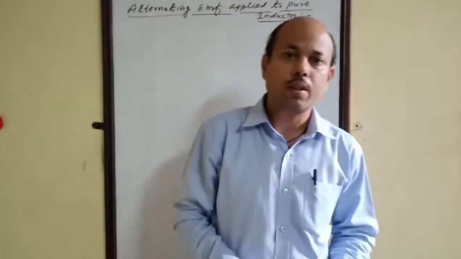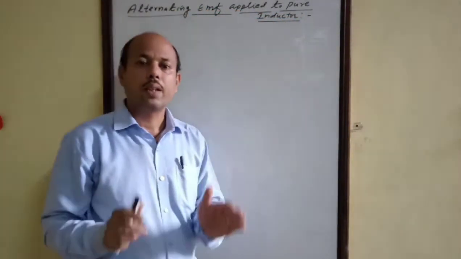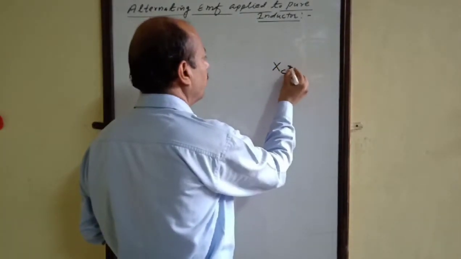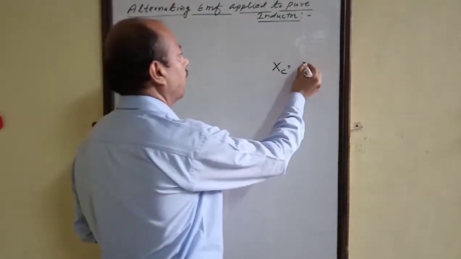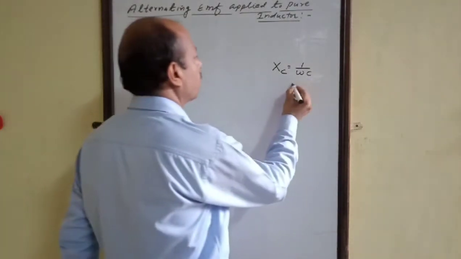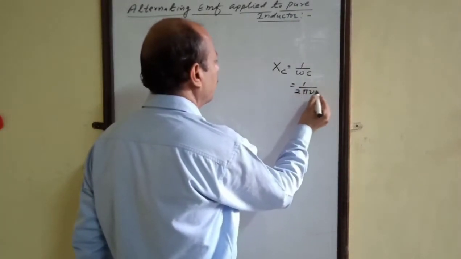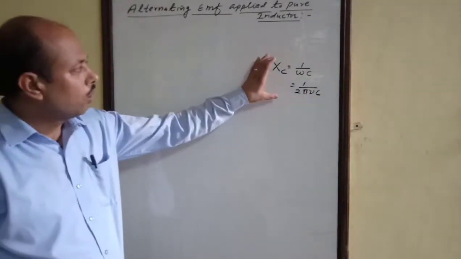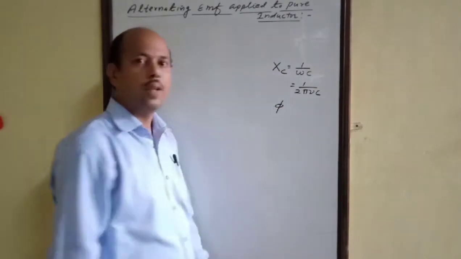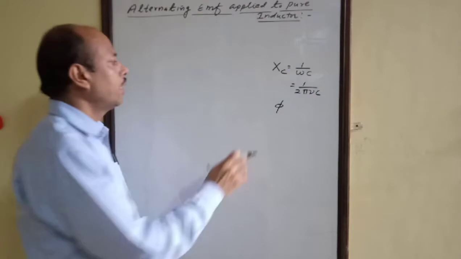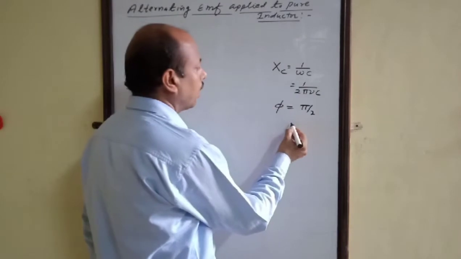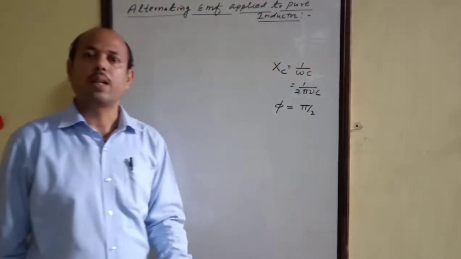In the case of a capacitor, we have seen that the effective opposition offered by the capacitor is given by Xc equals 1 upon omega C, or we can say Xc equals 1 upon 2 pi nu C. We also discussed that in the case of a capacitor, the phase difference between voltage and current is pi by 2, and current is ahead of EMF by pi by 2.